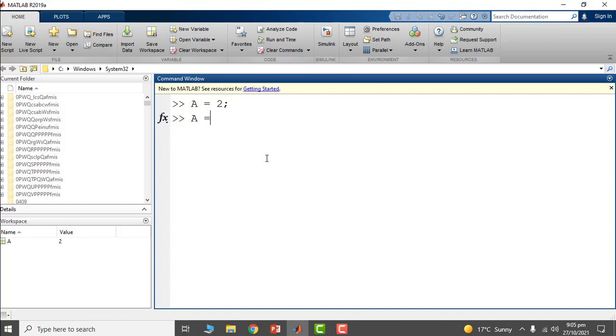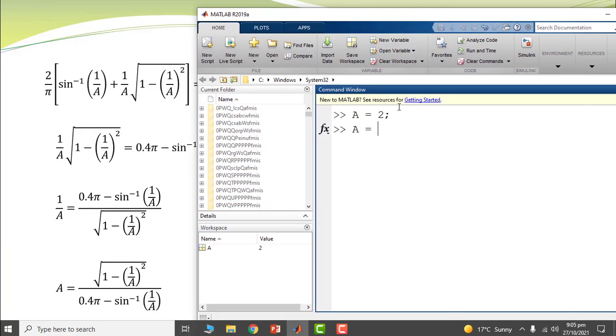And I write that equation. a is equal to square root of 1 minus 1 over a square, and this whole expression divided by 0.4 multiplied by pi minus sine inverse of 1 over a.